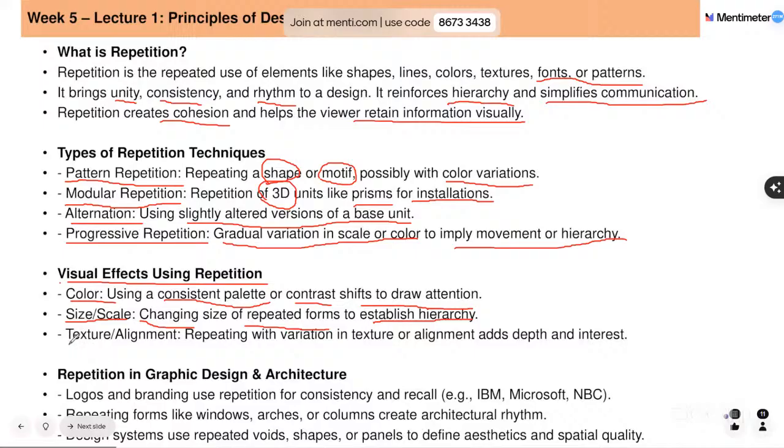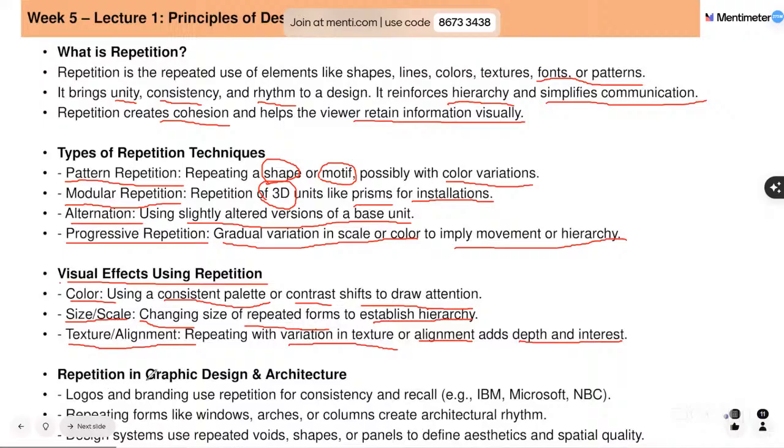Also, we can have texture or alignment, that is repeating with variation in texture or repeating with variation in alignment can make the composition very interesting because it can add depth.